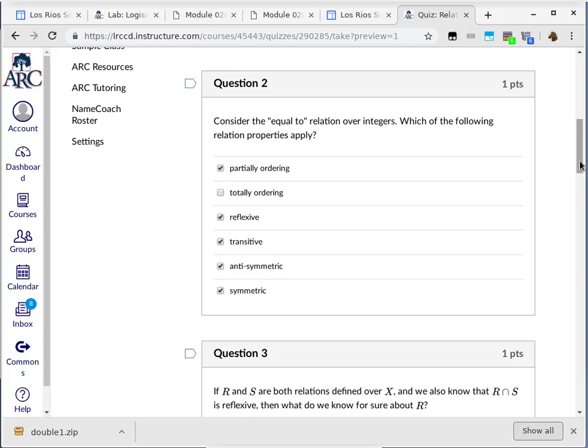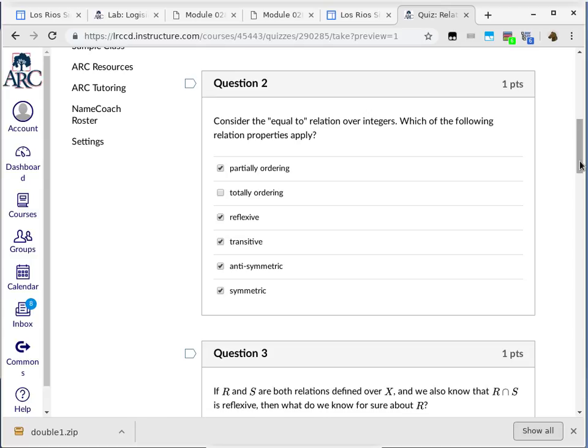Okay, so totally ordered means it has to be first to be partially ordered. Everything that is totally ordered is automatically partially ordered, but not the other way around. But in order for a relation to be totally ordered, in addition to all the properties of being partially ordered, you also have to satisfy the following requirement.